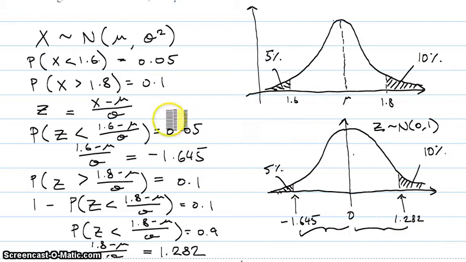So actually, I now have everything I need to solve this. I've got this equation here and this equation here, and these two will be enough for me to solve my problem. How?